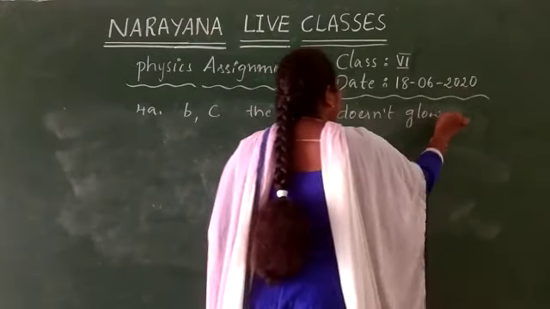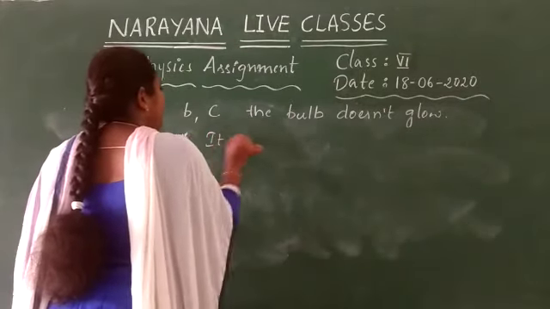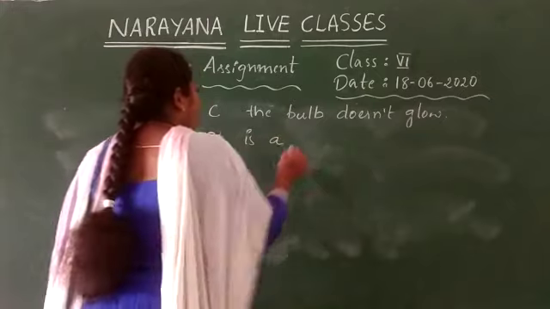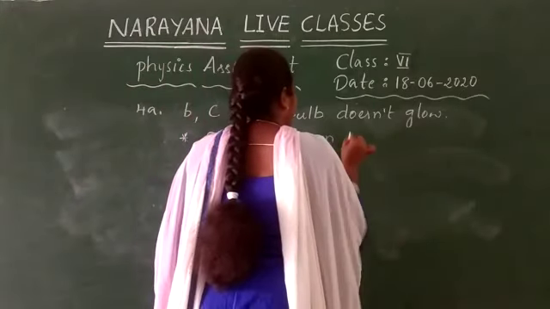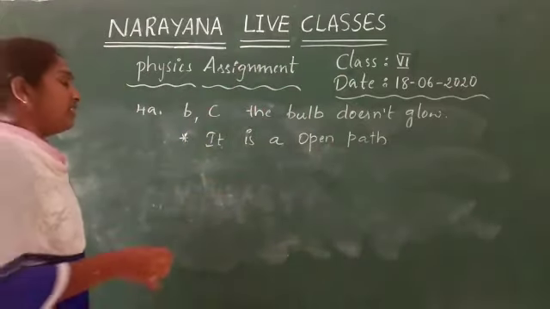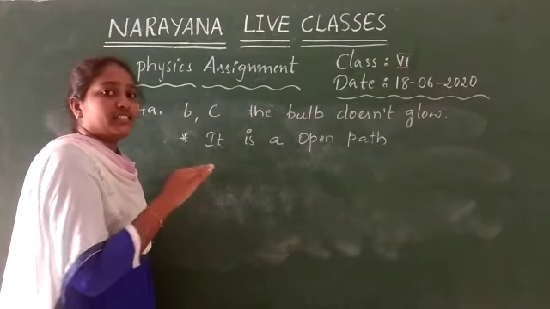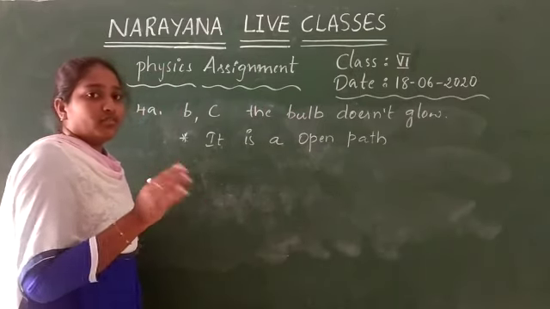The reason behind that is it is an open path. It's not a closed path. So if any circuit is in an open path, the electricity does not flow through the wires.